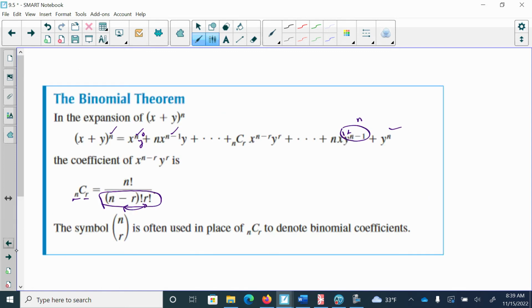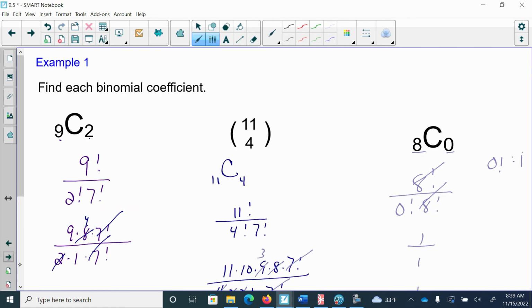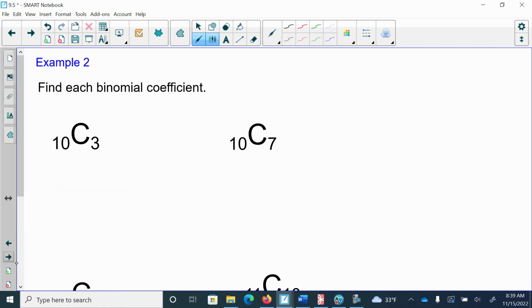Remember, the coefficients are going to go out in front of the term. So if I want to find a binomial coefficient, you're going to do the same thing you did before. This is going to be 10 factorial over 3 factorial, and then 10 minus 3 is 7 factorial. So this is 10 times 9 times 8 times 7 factorial, over 3 times 2 times 7 factorial.